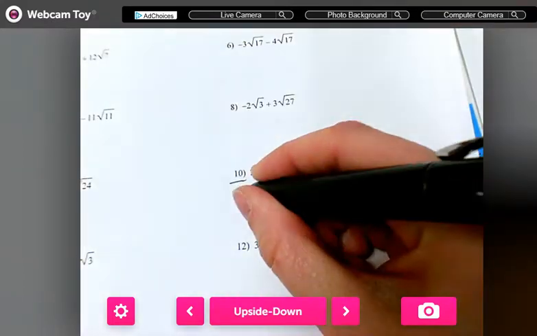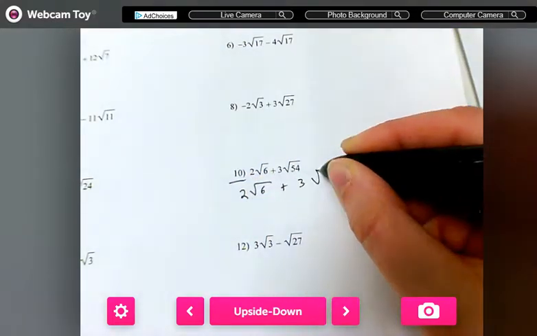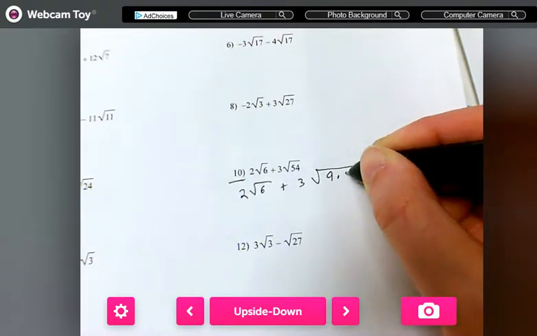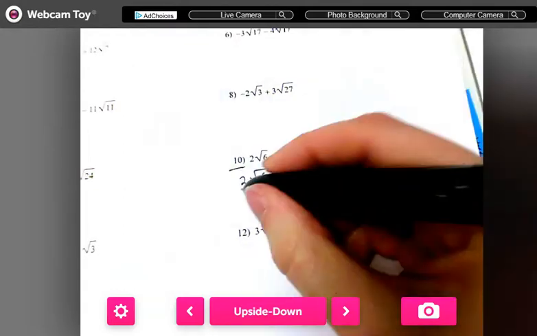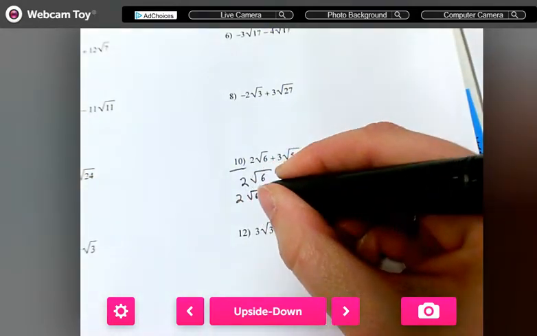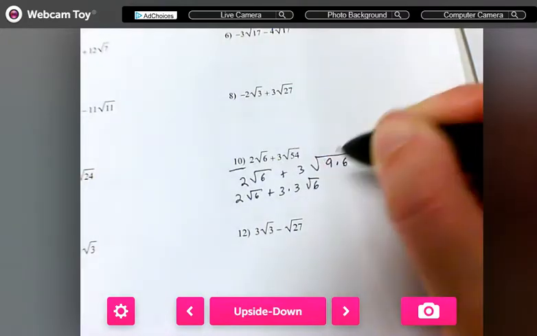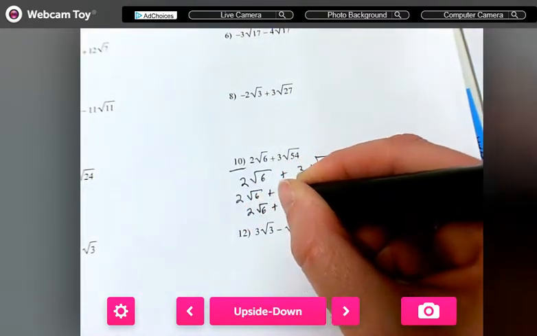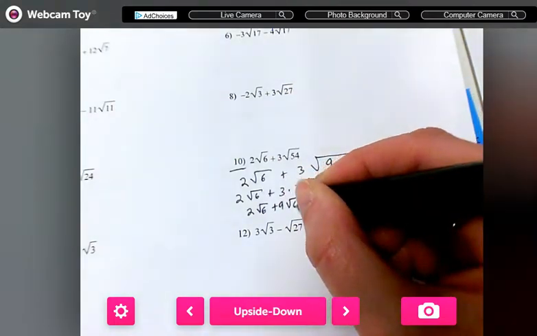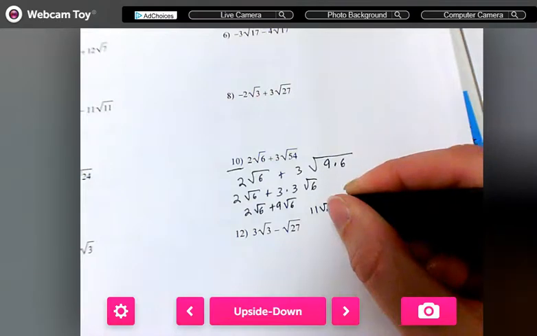So I'm going to get 2 square root 6, I leave that alone, plus 3 times the square root of 9 times 6. And what's the square root of 9, guys? 3. So I get 2 square root 6 plus 3 times 3 square root 6. What's 3 times 3? So I get 2 square root 6 plus 9 square root 6. What's 9 plus 2? 11 square root 6. Does that make sense?